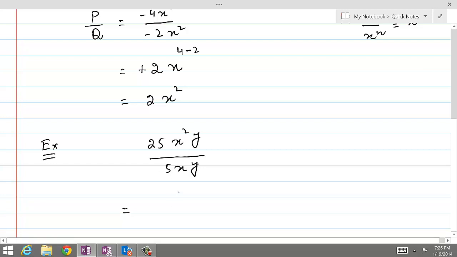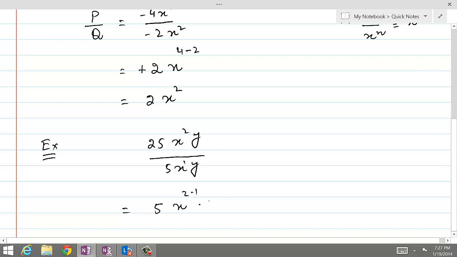And 25 divided by 5, the answer is 5. And x power 2 minus 1, because here the power is 1, and we can subtract this 1 from the power 2 of x in the numerator.